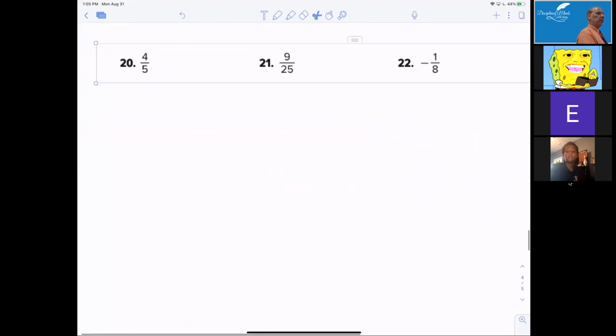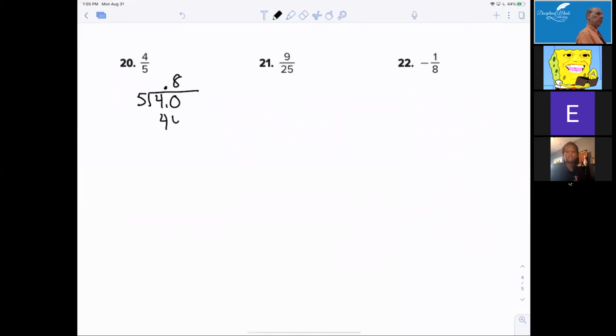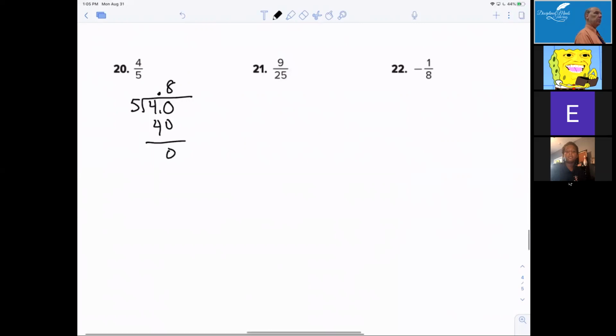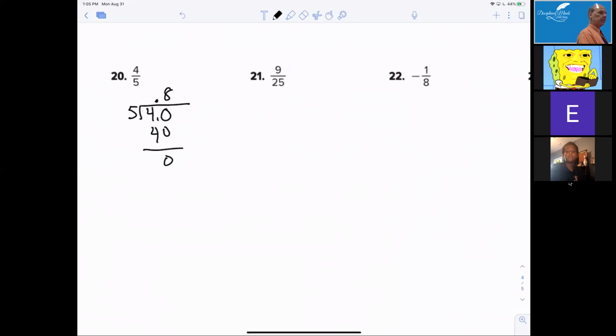You got an easy one. 4 divided by 5. Yep. So you have to add a decimal. Then you have to add a 0. So it's 0.8. Yes. That's too easy. I'm gonna let you do the next one too. Go.